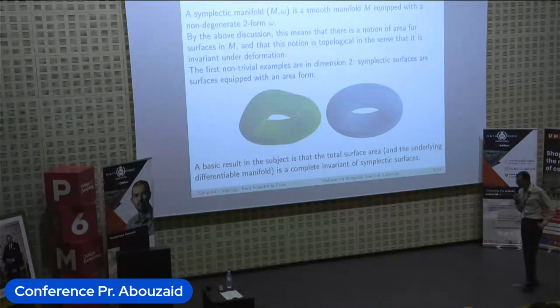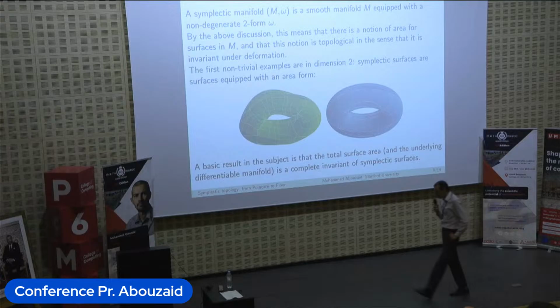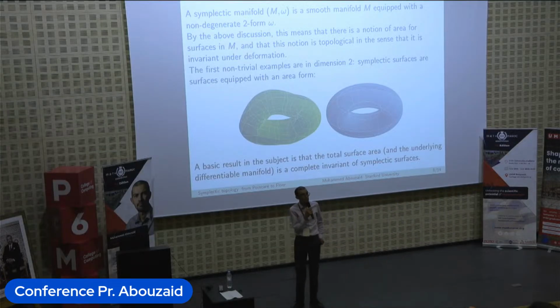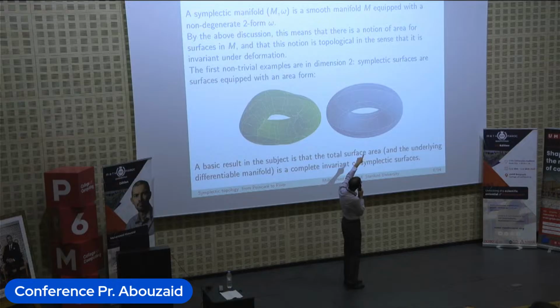Poincaré's definition was something along the lines of: what is the maximal number of circles that you can put on your surface so that you cannot deform any one of them to a union of the other ones? Now, technically, you have to be careful because you have to put some weights. But basically, here, there are circles that go one way and circles that go the other way. You divide this number by 2, and the genus of the surface is 1.